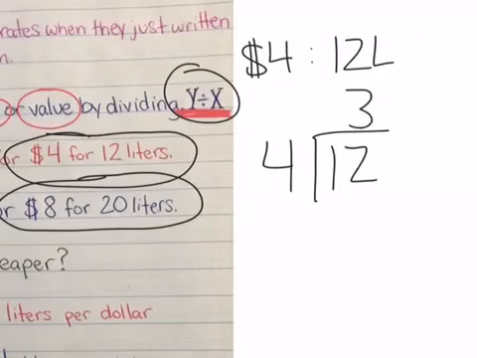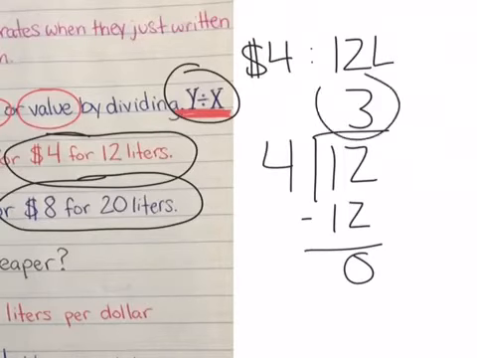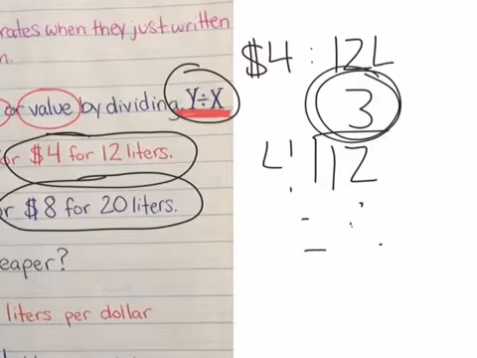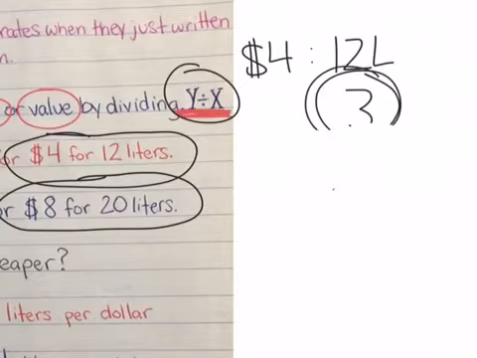And hopefully you know that off the top of your head. 4 goes into 12 3 times with a remainder of 0, so 3. So that's going to be 3 liters for $1. So if we remember 3, we get rid of all this other stuff. Okay, $4 to 12 liters is 3 liters per dollar.